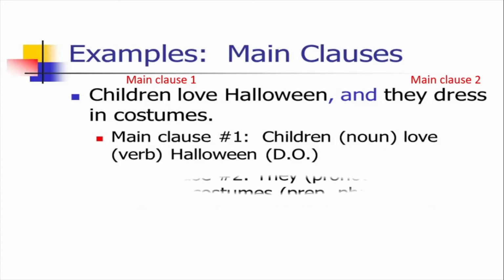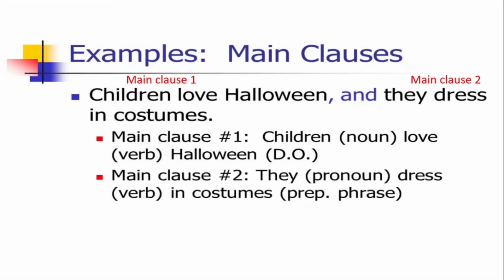Let us look at the next one now. Main clause 2. They dress in costume. So they, the pronoun, is the subject here. Dress is the verb. And in costumes is the phrase over here. But the main thing is, in both the parts of the sentence where we have two main clauses, both the main clauses have a subject.